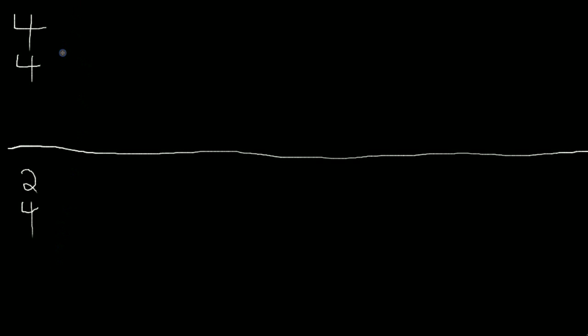So let's start out, and let's do the same kind of rhythm that we had in the last example. Let's start out with quarter note, half note, quarter note. Then let's do a whole note.